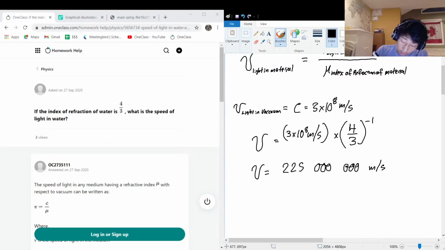And I think that translates to 1, 2, 3, 4, 5, 6, 7, 8. Okay, I guess my counting is just wrong. So this is just equal to 2.25 times 10 to the 8 meters per second.